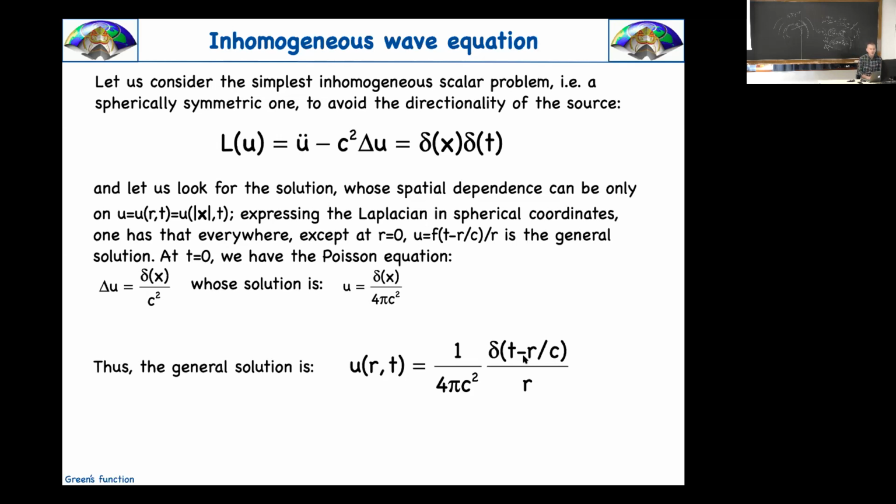It's called retarded time. Good. Everything is beautifully symmetric. This 4 pi is coming from an integral over the surface, and this is the spherical conservation of energy, if you want. It's the integral, 4 pi r. It's fair. This is easy.